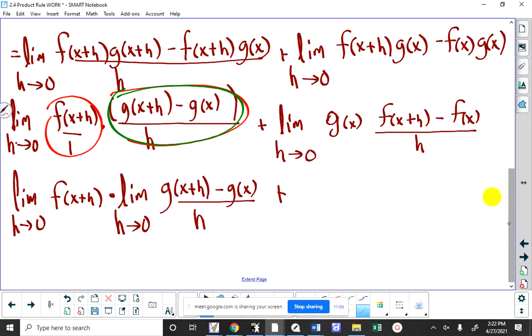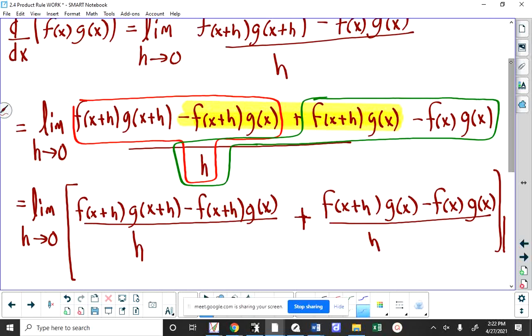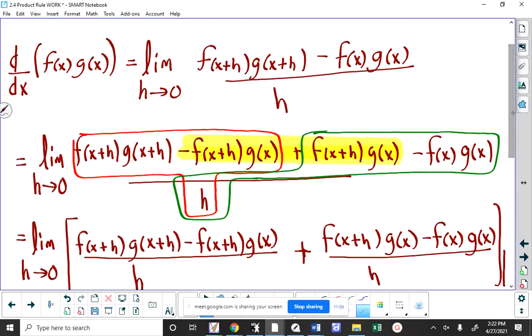And this proof is a nice proof because all we're doing is using the properties of limits. This first little thing that I did by adding these highlighted terms and subtracting them, you would never think to do that.